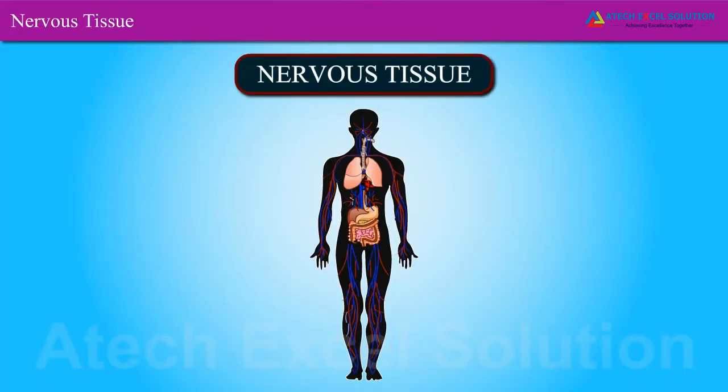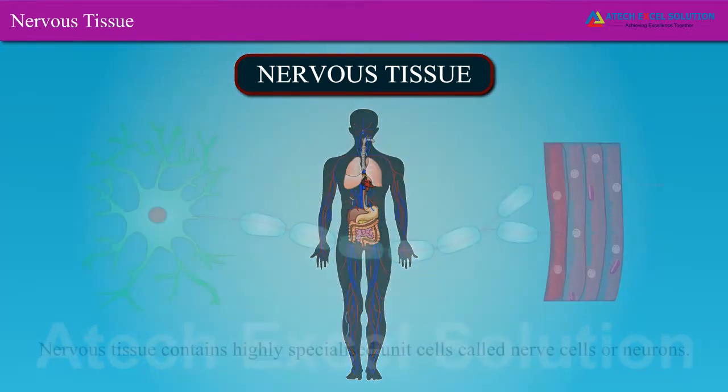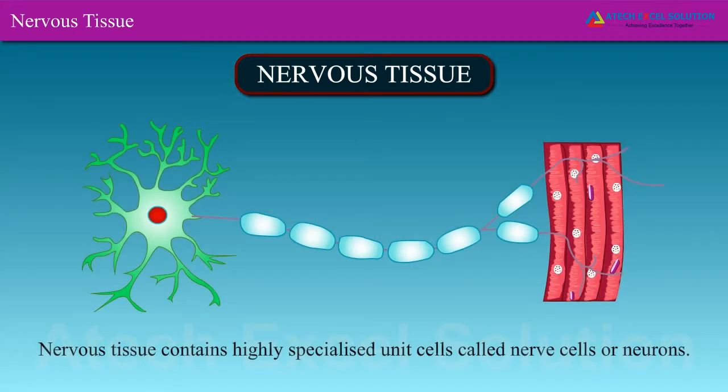Nervous tissue is a tissue which is specialized to transmit messages within our body. Brain, spinal cord, and nerves are all composed of nervous tissues. Nervous tissue contains highly specialized unit cells called nerve cells or neurons.